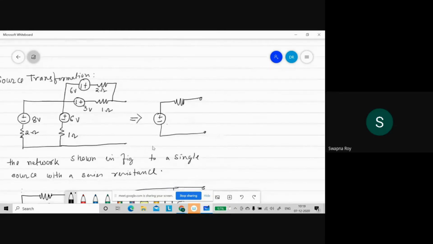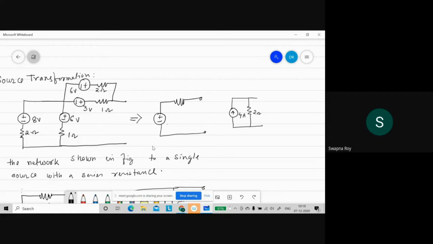So here we can see 8 volt, 2 ohms. We can convert it to an equivalent current source. V is equal to IR, so I am transforming into a current source: 8 volt by 2 ohms, so it will be a 4 ampere current source and a parallel resistance of 2 ohms.